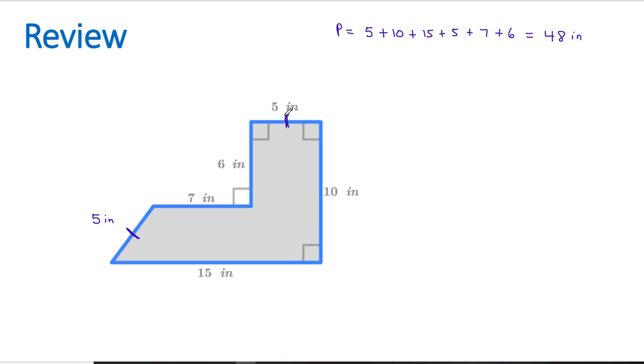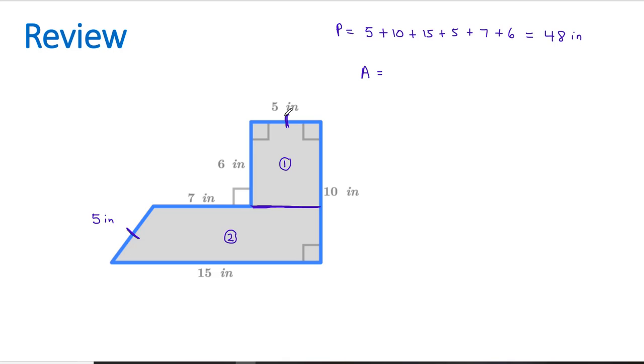For the area of the composite shapes, you need to break the shapes up and use your formulas. So I've chosen to break this shape like this. I feel it is the best place. What this does for me is gives me a rectangle. So this is shape 1, let's call it, and a trapezoid, which is shape 2.